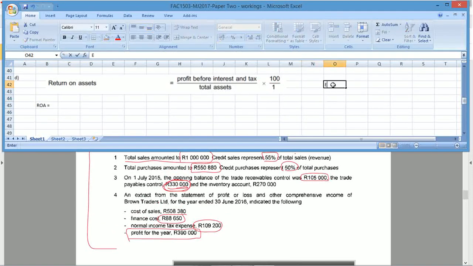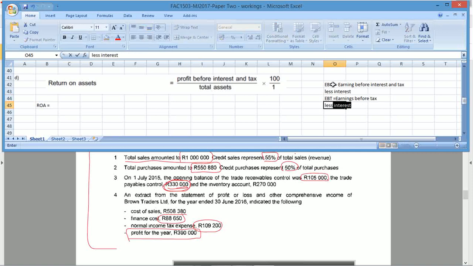Well, you need to remember EBIT, which is earnings before interest and tax. Then you less the interest, then you get EBT, which is earnings before tax.